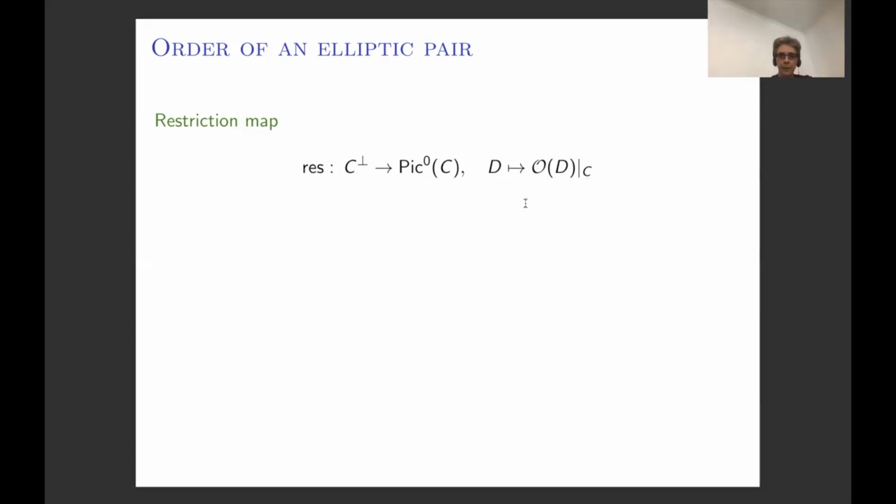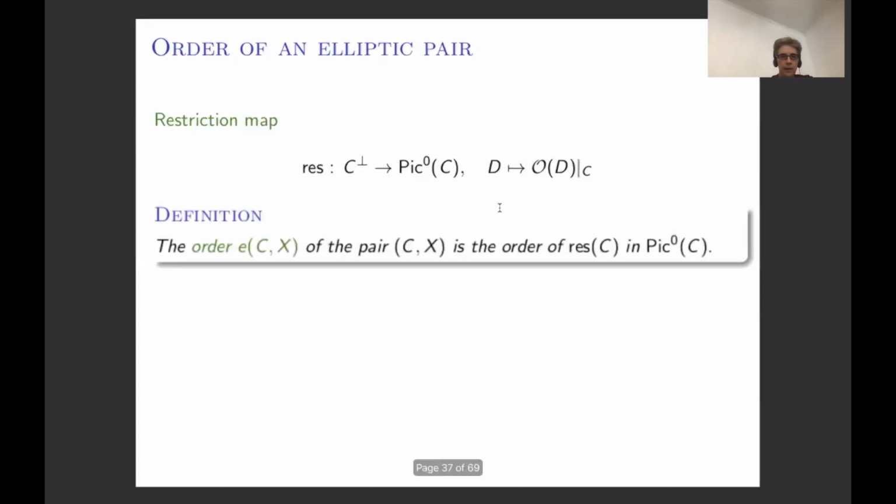It's a line bundle of degree 0 because D times C is 0. And we're going to call the order of the elliptic pair the order of the restriction of C to itself as an element in Pic^0.